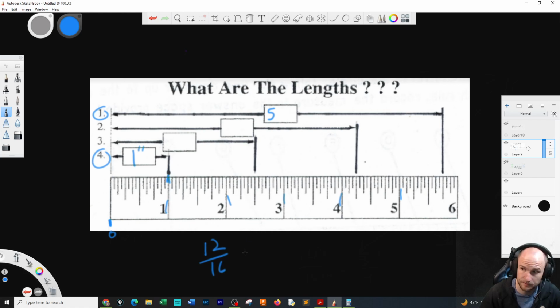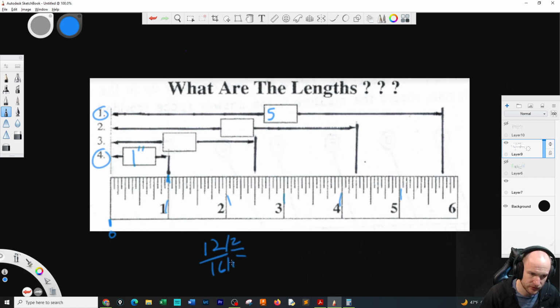But if you don't remember, 12/16 is not good because 12 is even. And if 12 is even, we can reduce. So what do we want to reduce by? We can divide by 2 with both of them, or we can divide by 4. Let's just go through the process of dividing by 2.